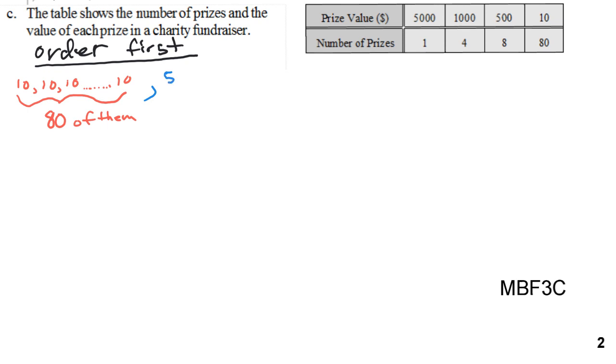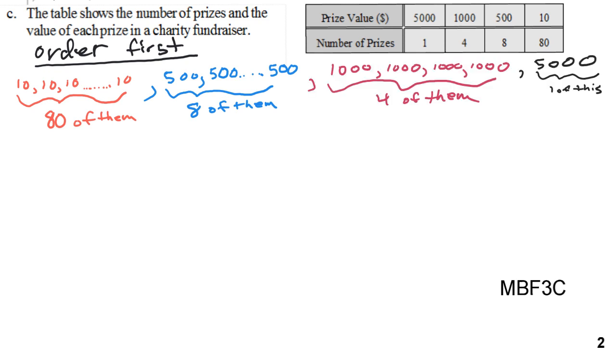So for 500, there's 8 of them. I'll just do 2 and then do ... and then put 500. And we know that there are 8 of them. And so on for 1,000 and 5,000. So we literally have this going on for our list, right?